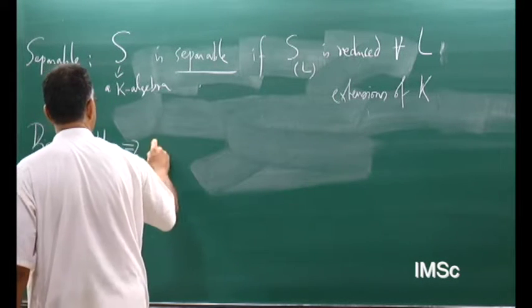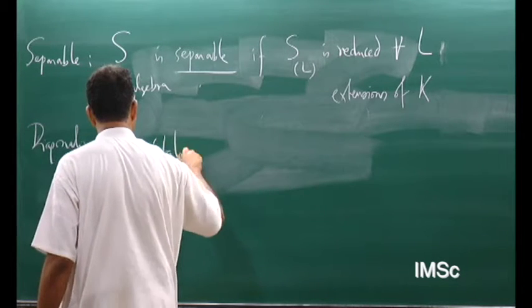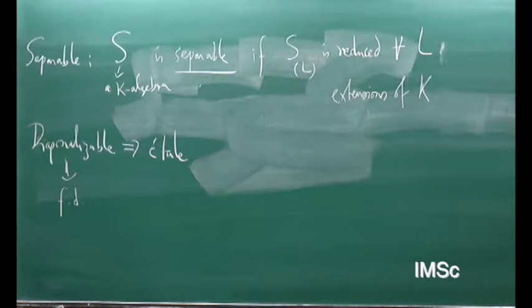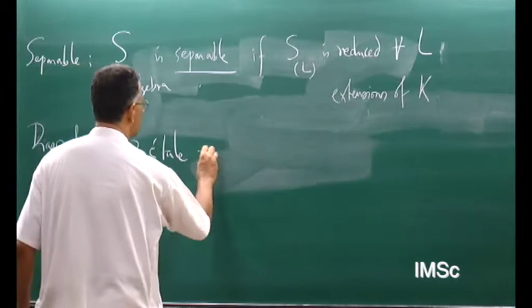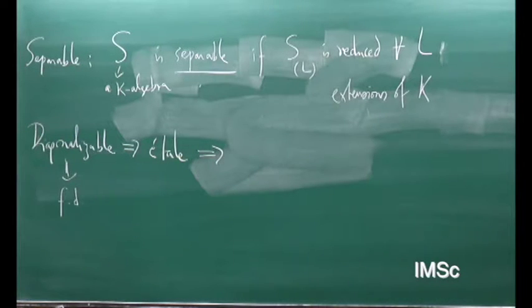This implies étale. This says there exists an L for which it becomes diagonalizable. If it's diagonalizable over K itself, you can take L to be K, that's obvious. And this implies separable, that's not hard to see.